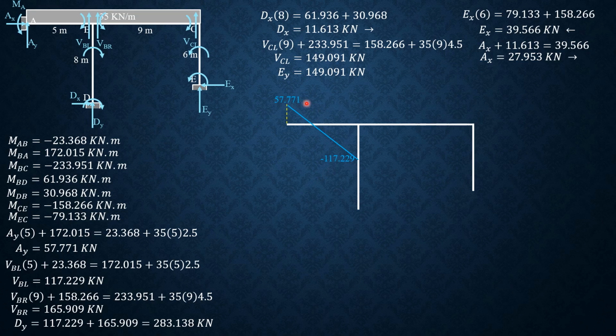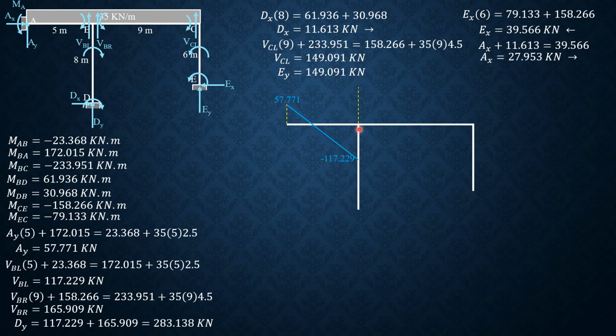Again, 57.771 minus 35 times 5. You'll get this. This is supposedly equal numerically to the shear at B just to the left. So it checks here. Then this distance is 57.771 divided by 35.